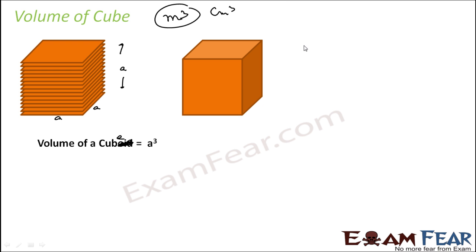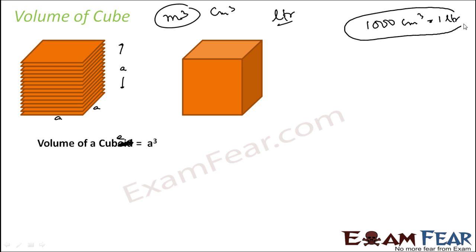Liter is also used typically. Typically 1000 centimeter cube is equal to 1 liter, and this is true for water, because for other substances other dimensions come into the picture, but for water density is 1, so 1000 centimeter cube will be 1 liter.